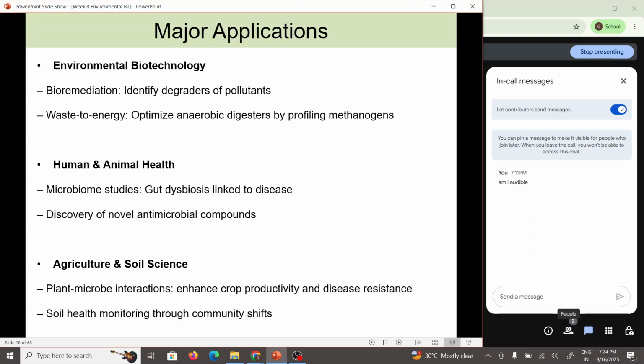All this we can identify. Likewise, we can also study animal and human health. The gut microorganisms present in humans and animals can be studied. In agriculture and soil sciences, we can study soil health monitoring. That is one part. We can also study water health, and plant and microbe interaction. So all this is possible.